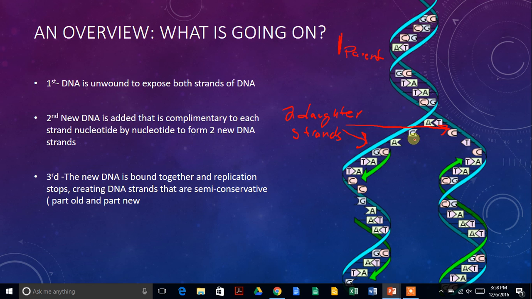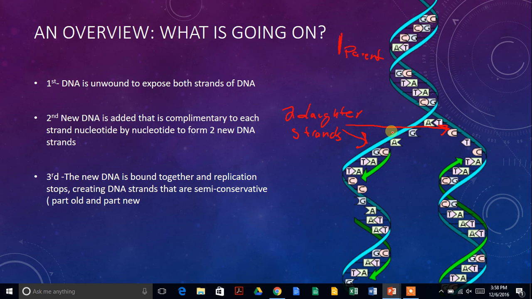And then we add the complementary base pairs to each strand, nucleotide by nucleotide. So as you see these arrows moving up and moving down, adding nucleotide by nucleotide, synthesizing a new strand of DNA. And then when we reach the end, we have two new strands of DNA.